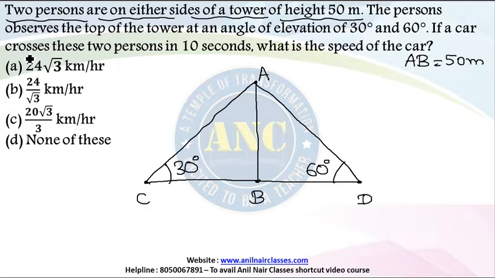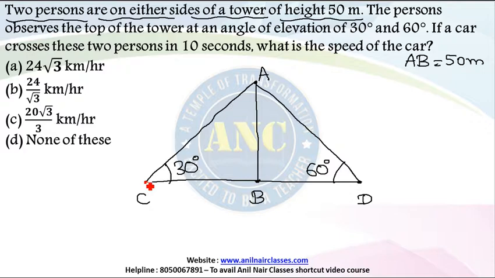If a car crosses these two persons in 10 seconds, what is the speed of the car? Now see here, sir, same logic. There is a car. The car will pass these two persons.